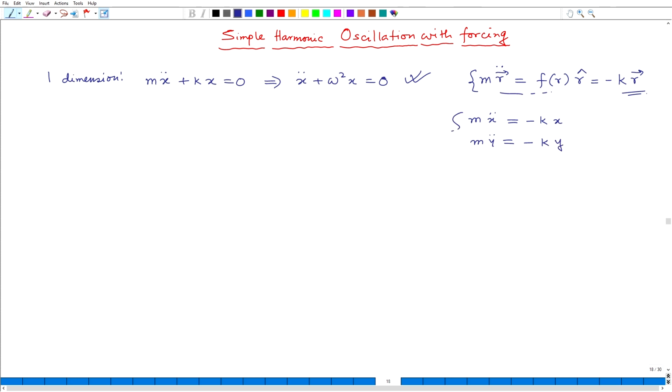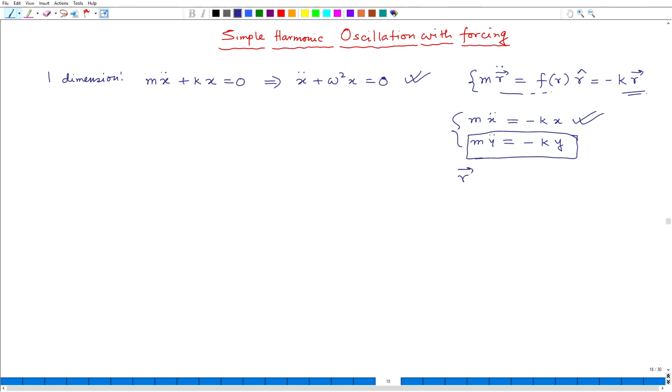Since they are decoupled and similar, we can simply say that if we solve one of the two, for example this one, then we can analogously solve the second equation, and then write the final solution.